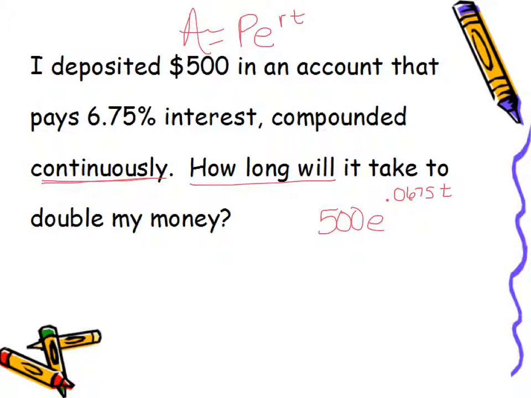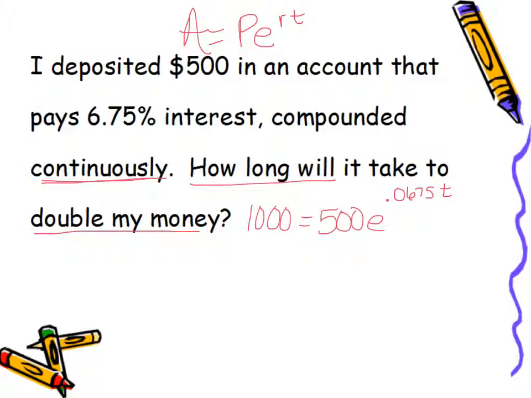But this time, they tell us we're trying to double our money. So if I started with 500, I'm going to end up with 1,000. Then I'm going to solve for t and find out how long it takes for that to happen. Now we've got this nice little equation like what we were solving earlier.